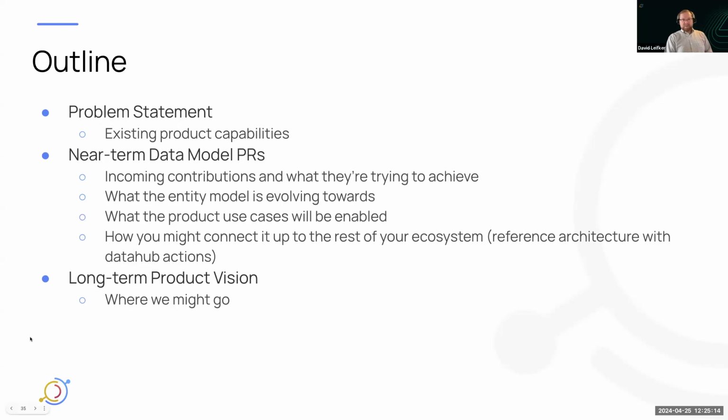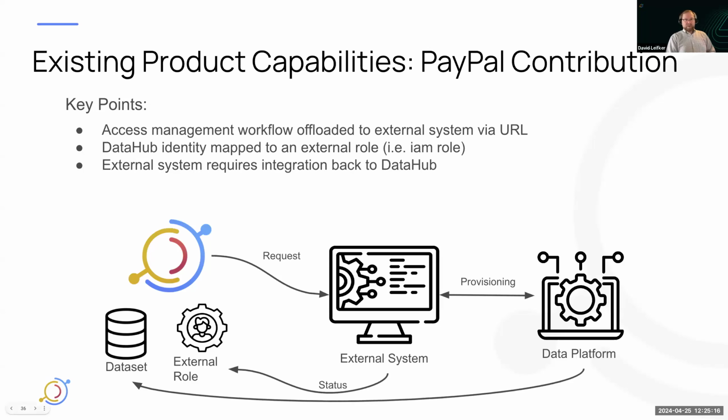All right, next slide. Let's take a look at what exists in the system today. We can define an external role, and an external role could be something, for example, like an IAM role in AWS that ultimately has the privileges and permissions for you to access data on the system. Within DataHub, you'll see a link to request access via an external system.